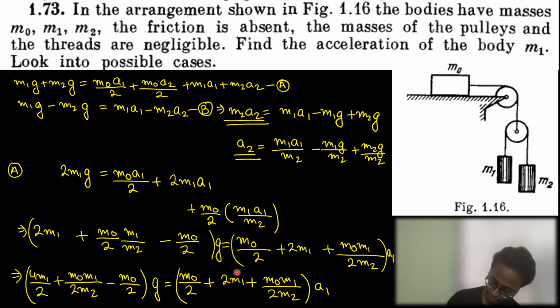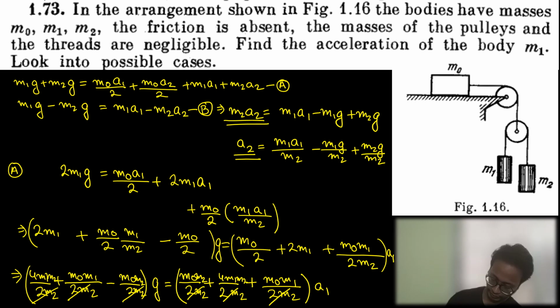Similarly out here 4m1 by 2. Now can I multiply m2 on the numerator and m2 on the denominator? Of course I can. So out here m2, and out here m2 is already there. So can I cancel out the 2m2 from left hand side and right hand side?